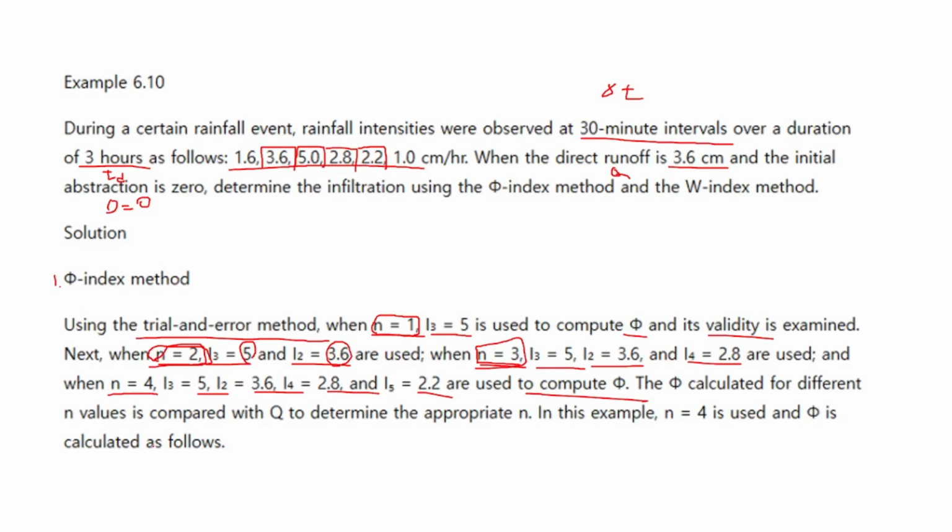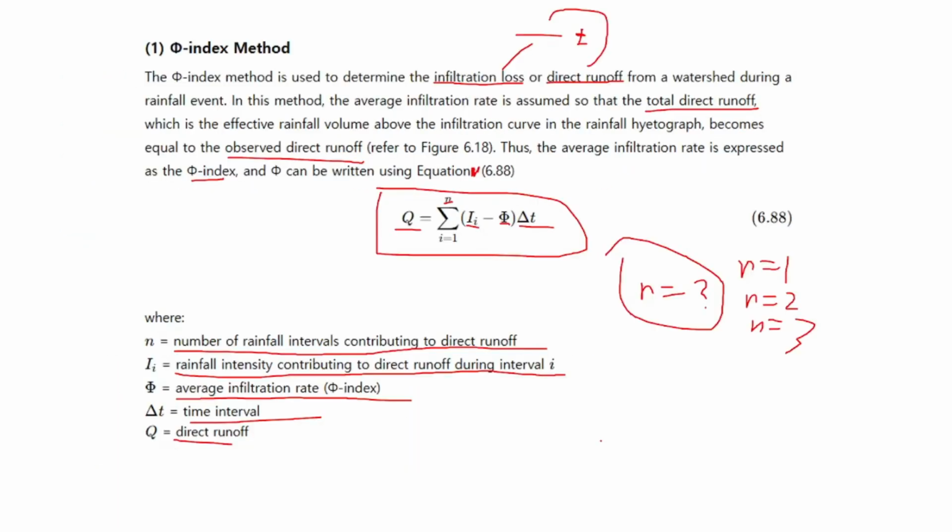The phi calculated for different n values is compared with Q to determine the appropriate n. This is because in this equation, when you plug in a certain n value, we know the rainfall intensity values, I sub i is known, and we know delta t, which was 30 minutes.